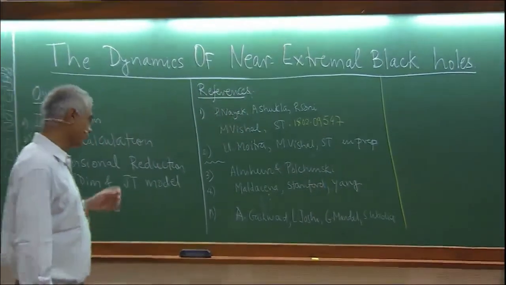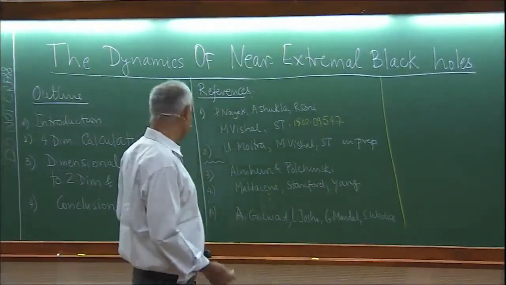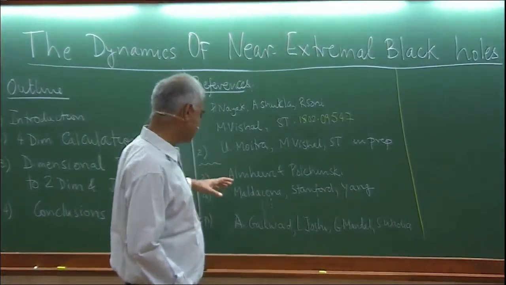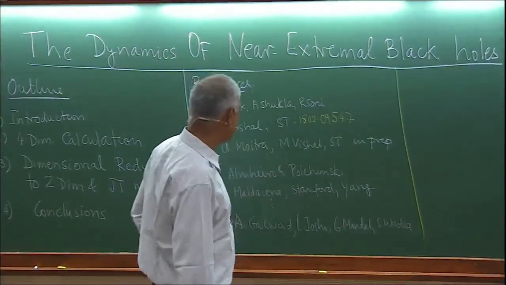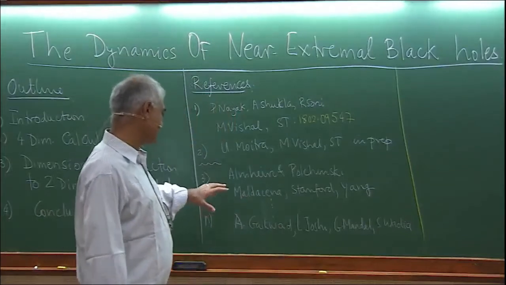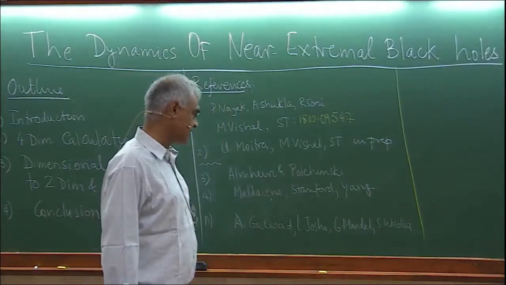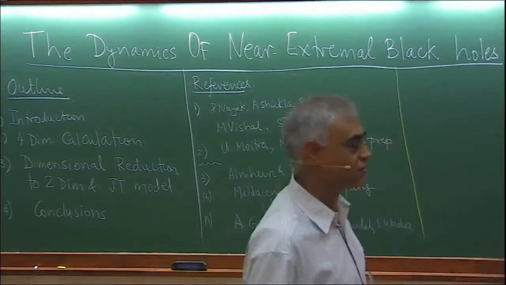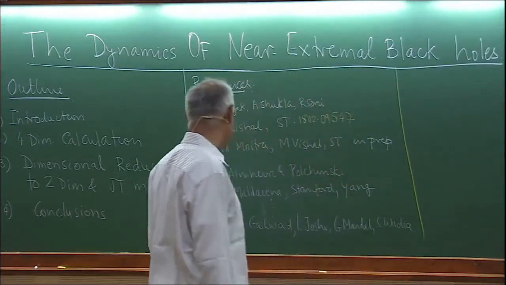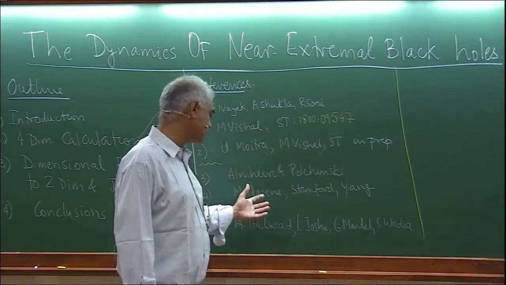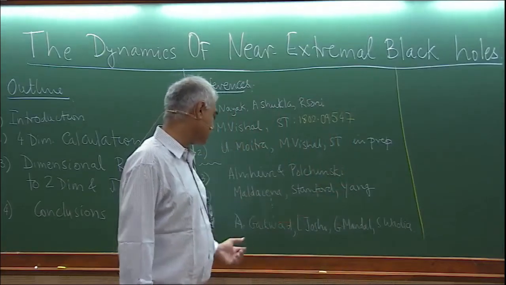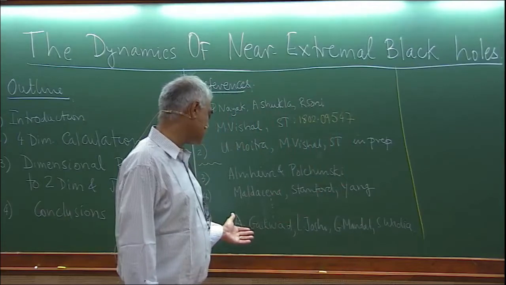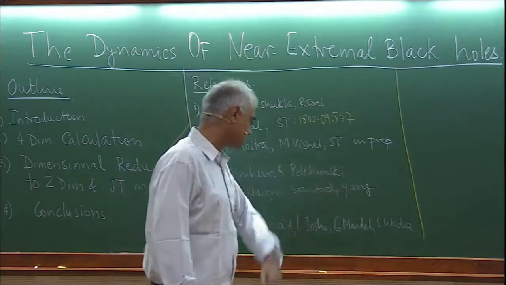Now there's a huge body of literature: the original work of Jackiw and Teitelboim themselves, the paper by Almheiri and Polchinski, recent beautiful work by Maldacena, Stanford, and Yang. All this will also map to the SYK model, on which there's a huge literature which I don't write down. And there was already a very nice talk in this meeting by Gautam based on the work that he has done with Gaikwad, Joshi, and Spenta.